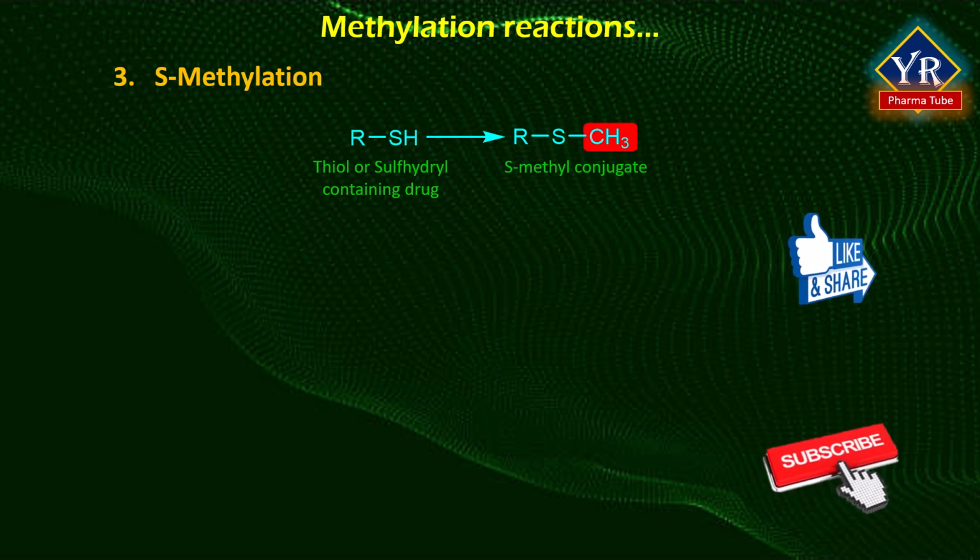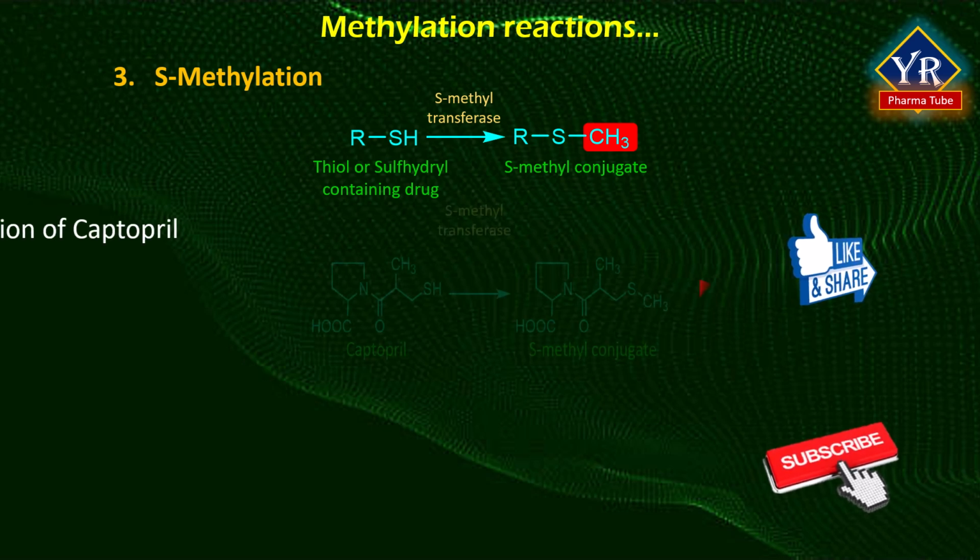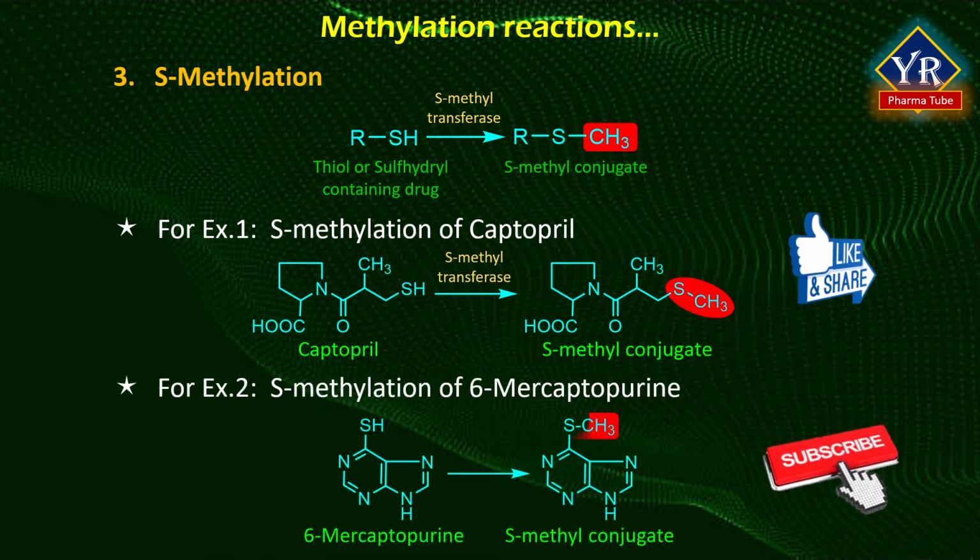These reactions are catalyzed by S-methyl transferase enzyme and also involve a microsomal enzyme requiring S-adenosyl methionine as discussed in the mechanism of methylation. S-methylation of thiol groups is documented for such drugs as captopril and 6-mercaptopurine.